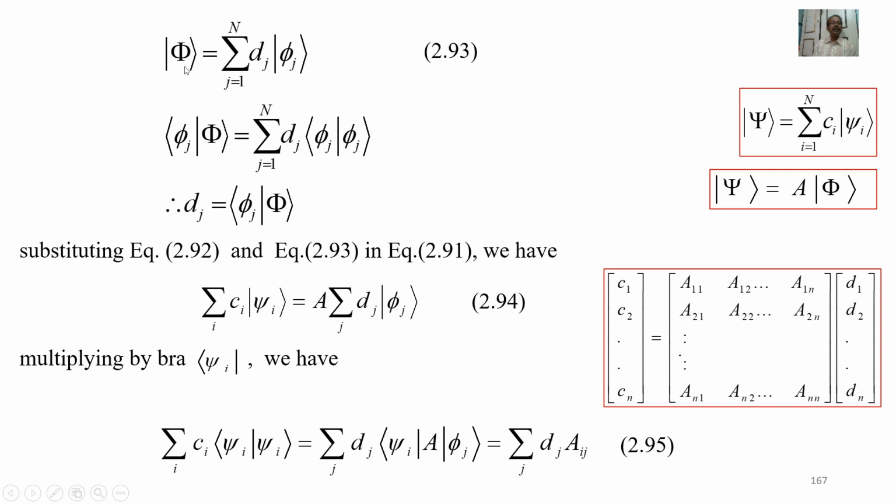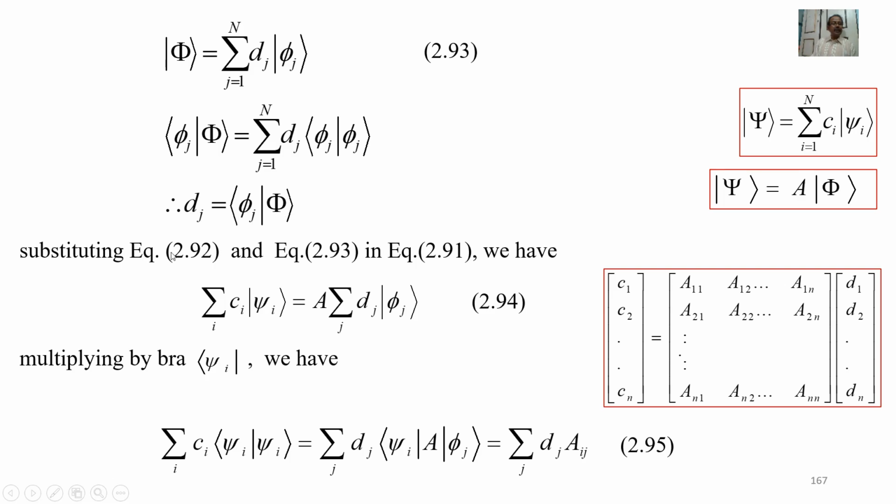Multiplying on both sides by bra phi j, we get bra phi j with phi equals the summation of dj times bra phi j ket phi j, and the answer for this is 1. So dj equals bra phi j with phi.